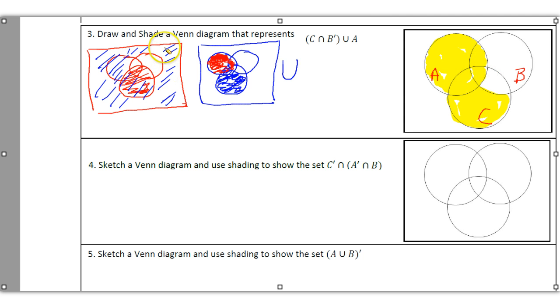So we had, again, defining our intersection of C with the complement of B, that was the blue area. Then we had the intersection, where the red and the blue were, right here. And that would be what we bring into this, where I now have blue. And now we want the union of it with A, and we end up with this.